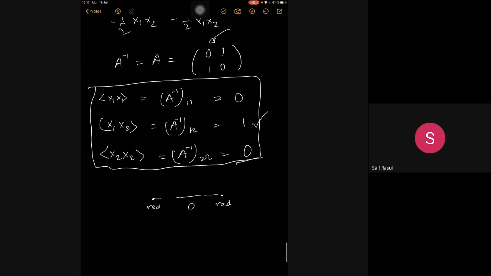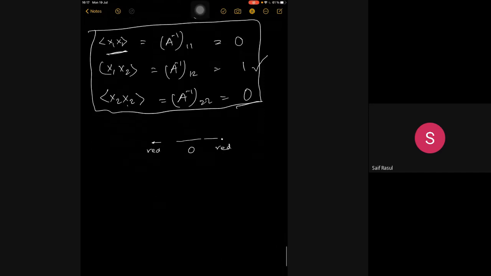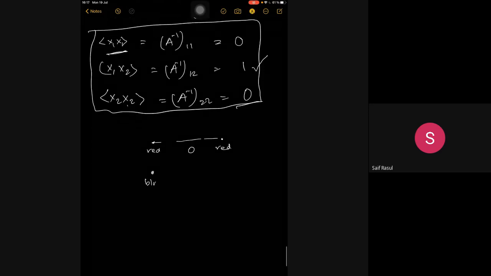You might pick X1 to be red and X2 to be blue, or whichever you want, but X1 connecting to X1 is weighted by 0, and blue to blue is 0. But red connecting to blue, X1, X2, is 1.